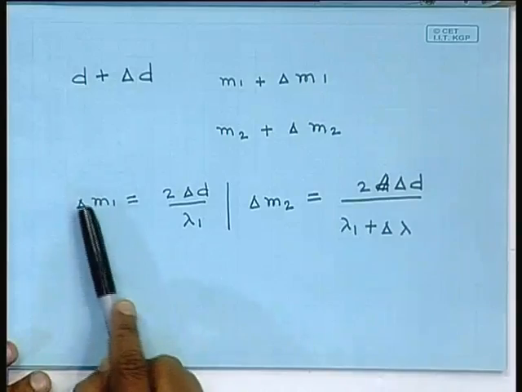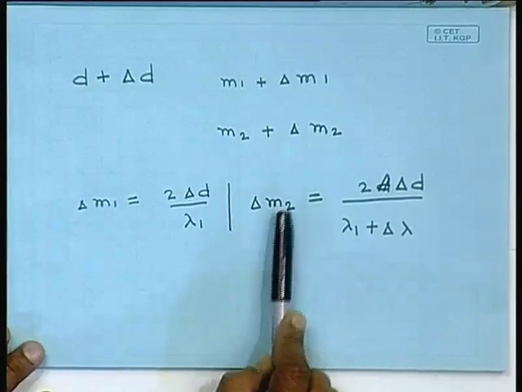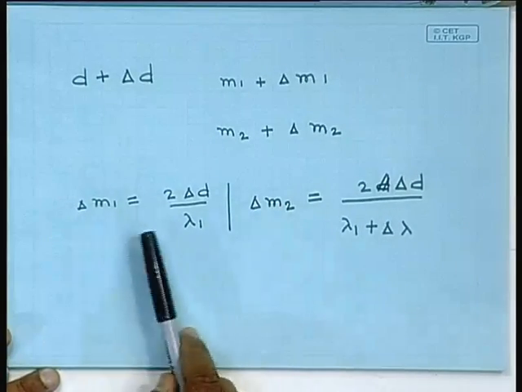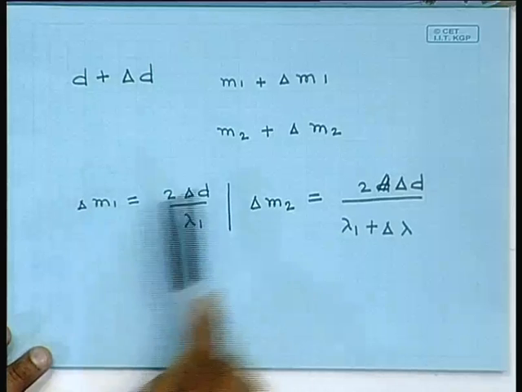So, initially both the wavelengths had a dark fringe at the center, but as I change the difference in the arm length, they both no longer remain dark, and there is a difference in phase. So, there is a difference in the order of the fringes between the two wavelengths. So, the fringe pattern is now no longer in concordance. Both the fringes at the center do not have the same intensity because they are of different orders.